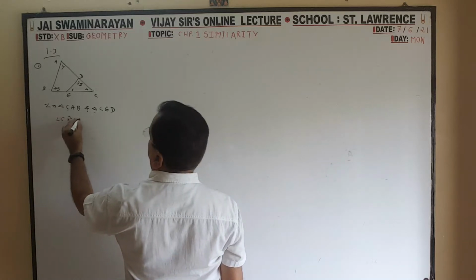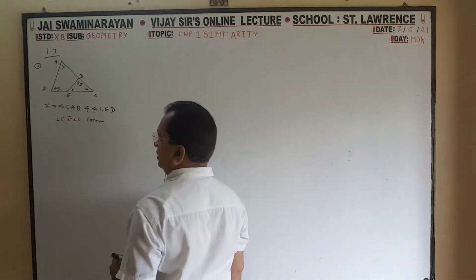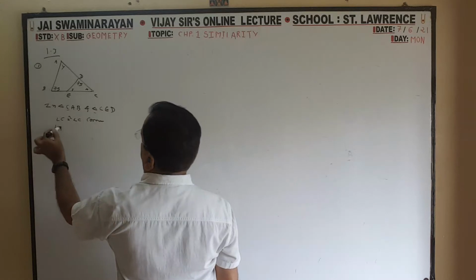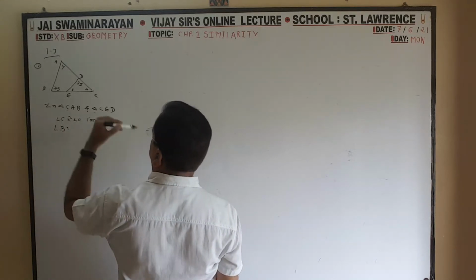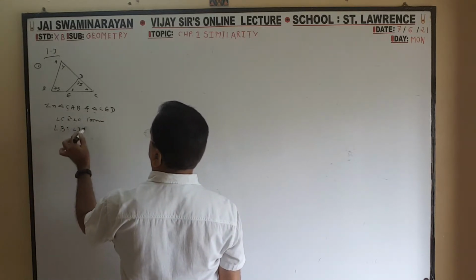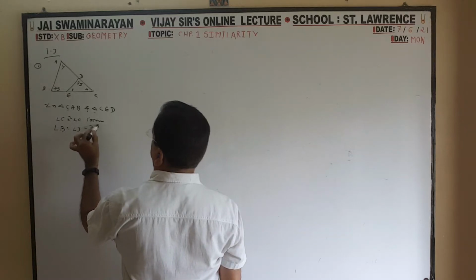So first, angle C is congruent to angle C, common. Angle B in this, angle D in this, 75, given.